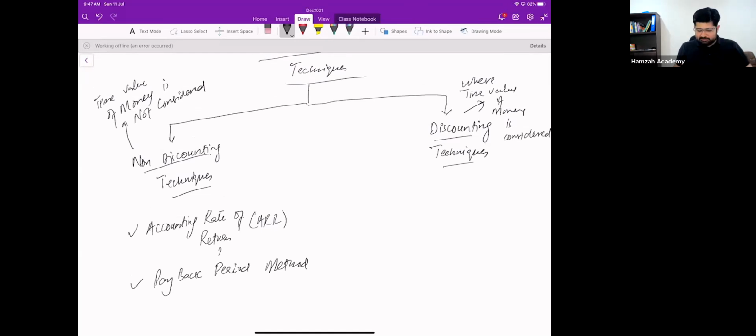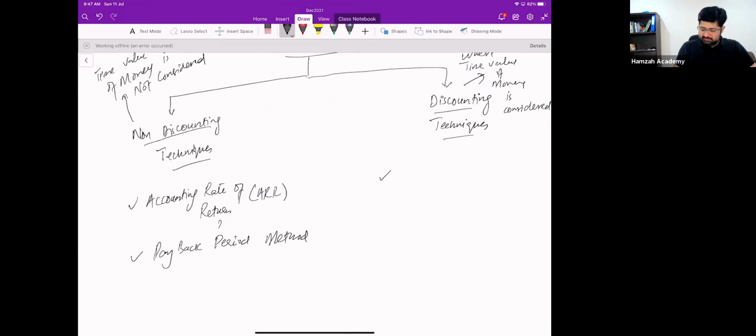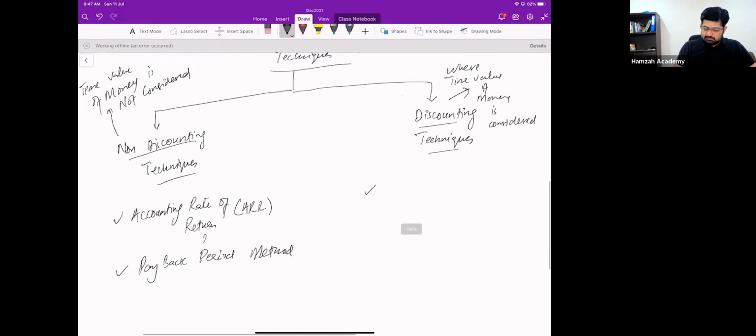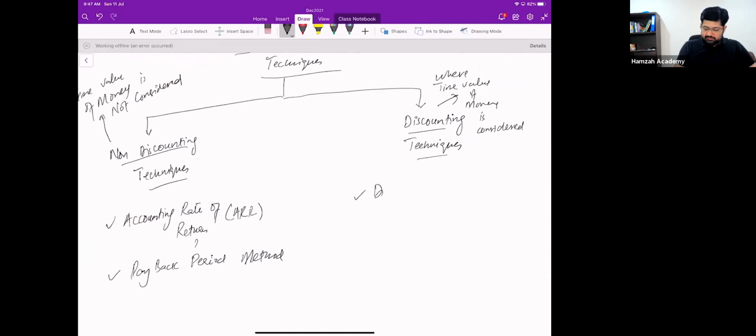The discounting techniques are discounted payback, NPV, IRR, duration, and MIRR. These are the investment appraisal techniques which are part of our syllabus.